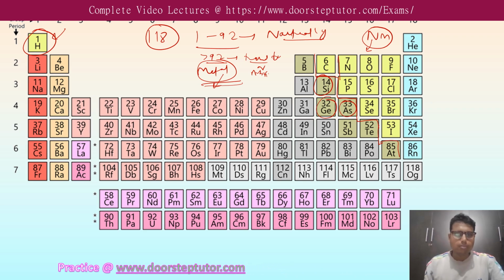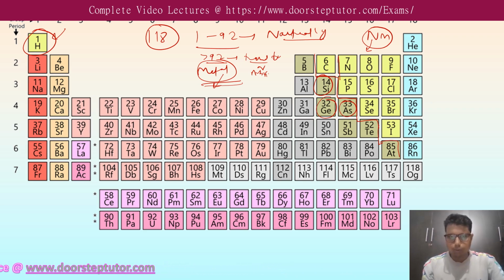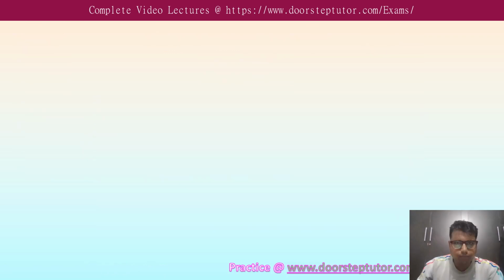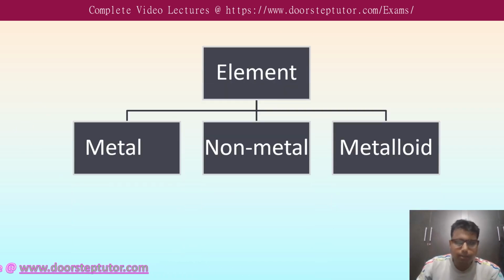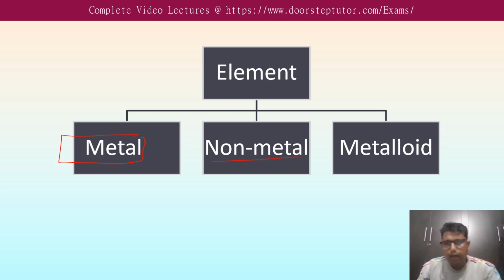What are the properties of the metal? And what are the examples of the metal? Okay, let's start. So with the help of the periodic table, we have got the knowledge that the elements present in the periodic table can be classified into three categories. One category is the metal, another category is the non-metal, and the metalloid is the third category.